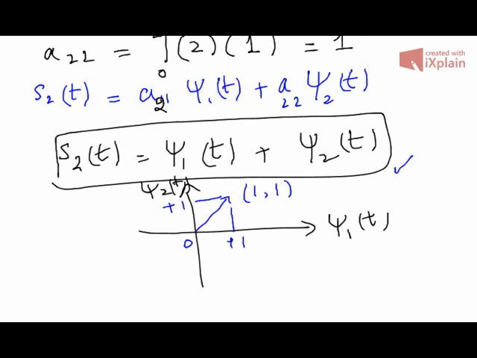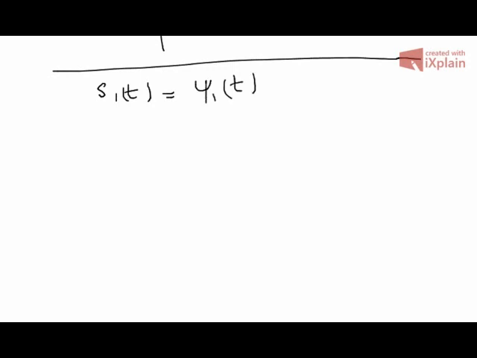So if you add these two waveforms, let me construct S1 first, because we said that our S1 of t is psi 1 of t minus 2 times psi 2 of t, right? This is what our S1 of t looks like.